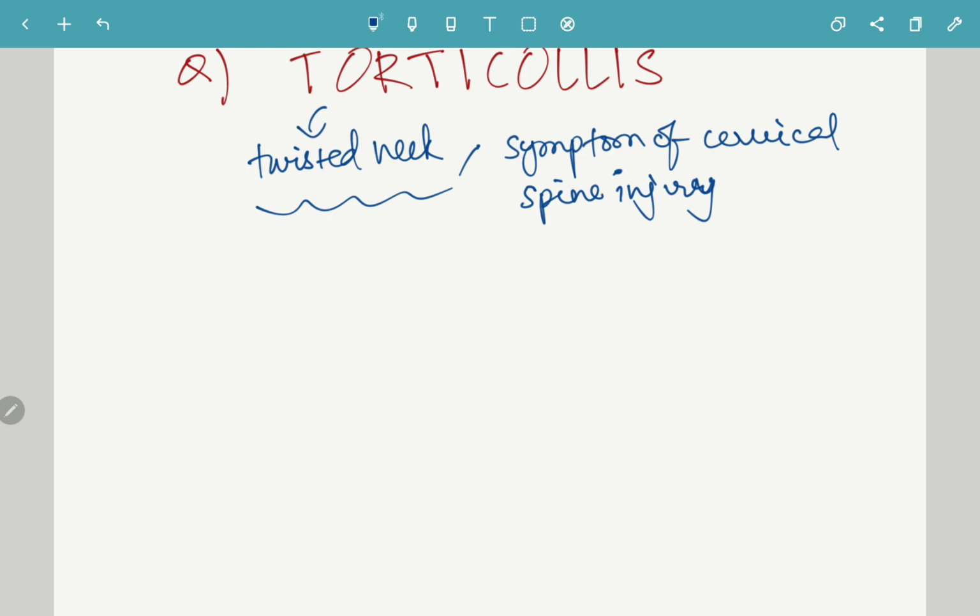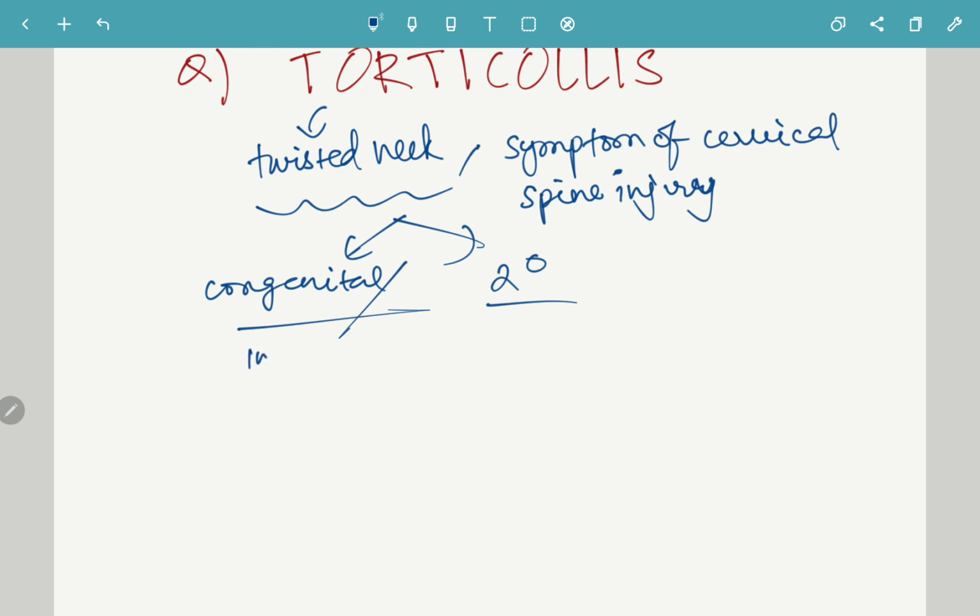Generally, torticollis can be either congenital or secondary. The congenital or infant muscular torticollis is one of the most common types of torticollis. This one is the most common type.